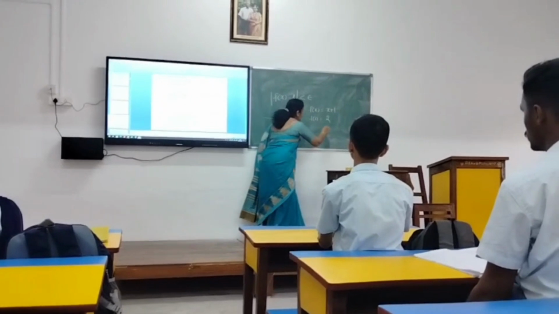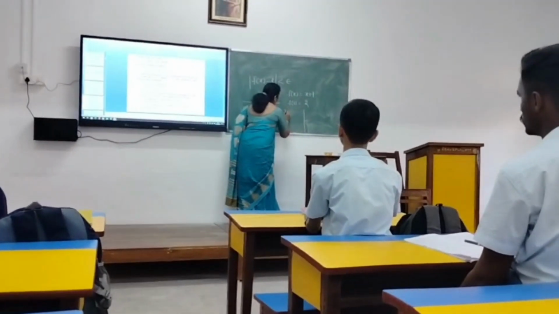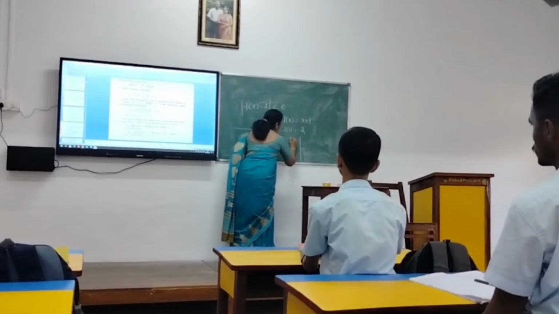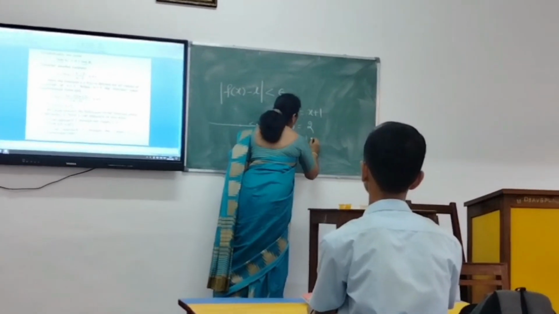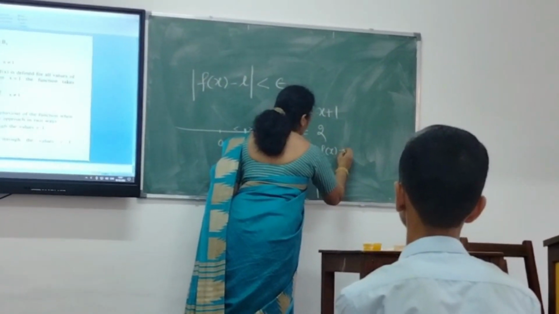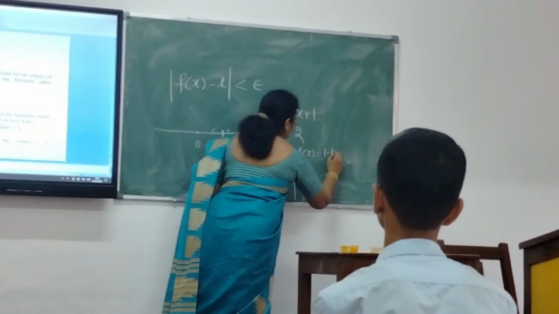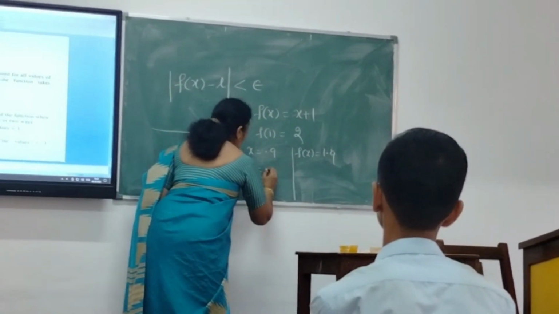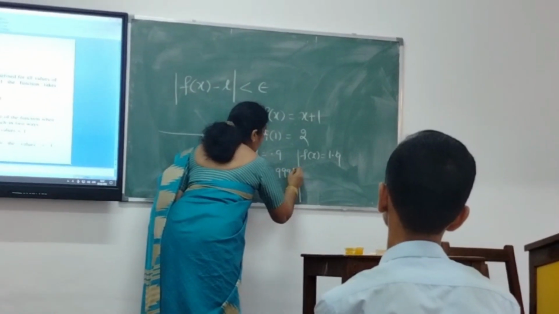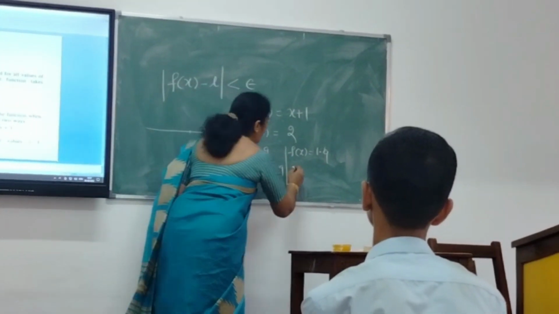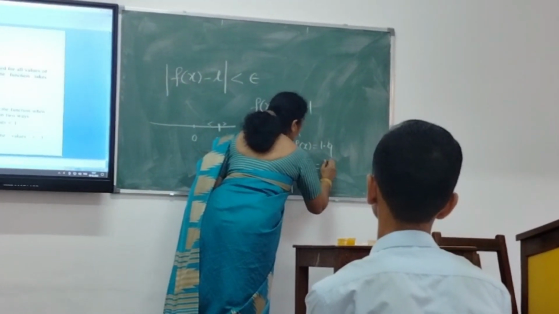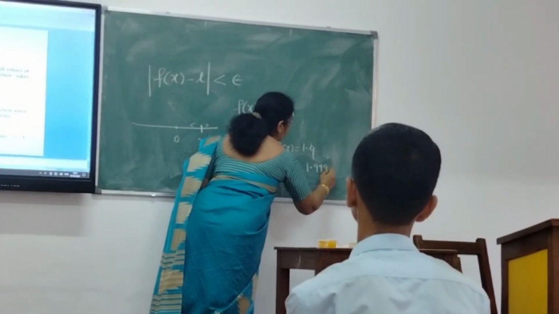2. Then we will consider the values. If the value of x is equal to 0.9, what is the value of f of x? 1.9. If the value of x is equal to 0.999, then f of x becomes what? 1.999.